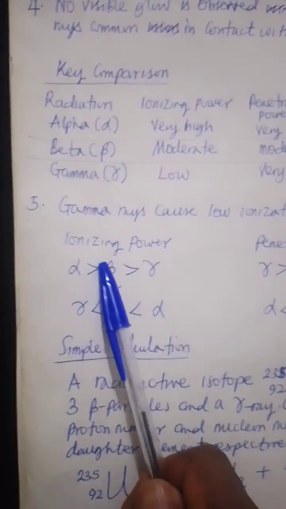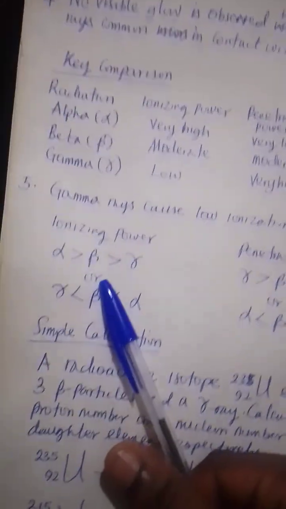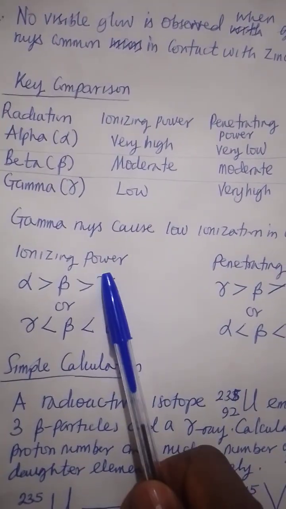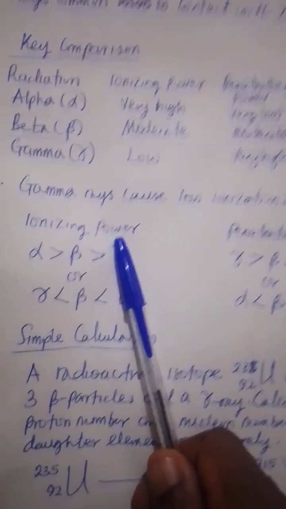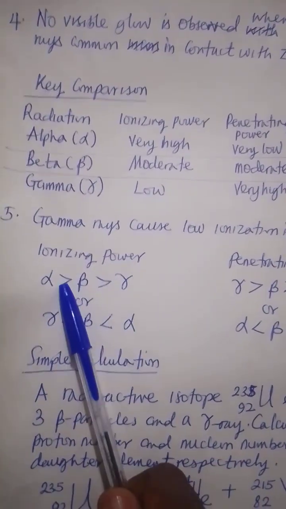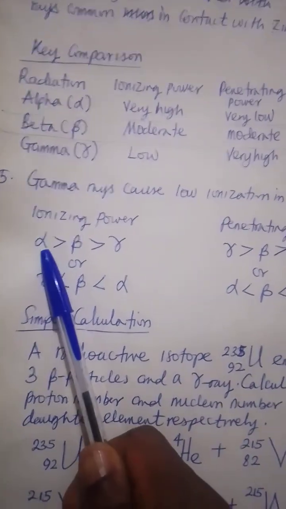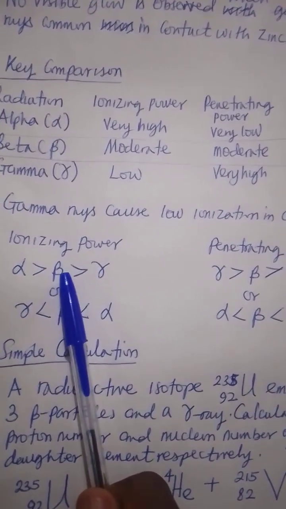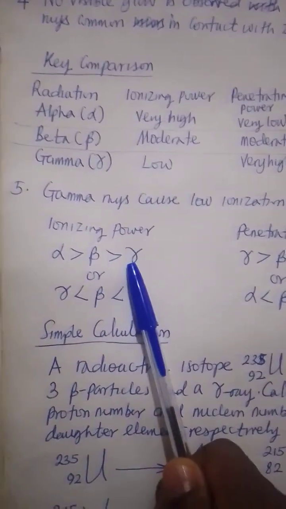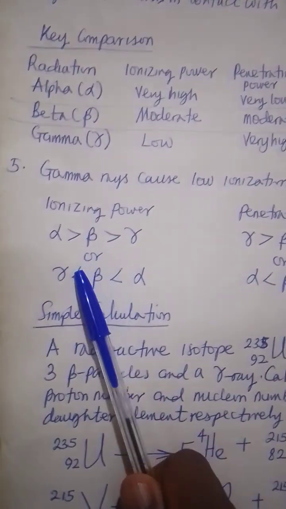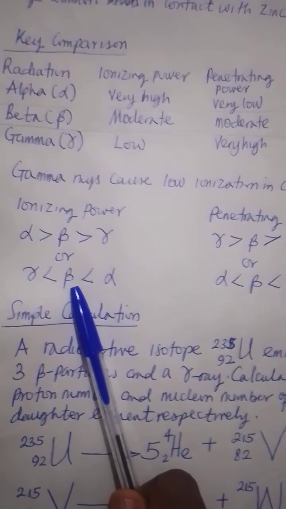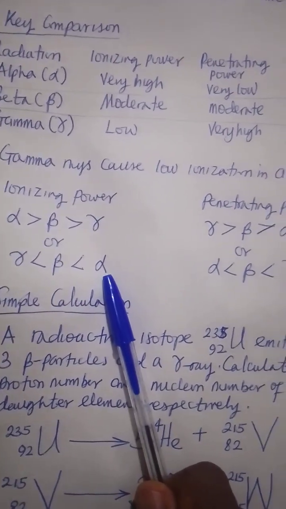Okay, so let's use the less than, greater than sign to describe the ionizing power of the 3 types of radiation. So for ionizing power, we start with alpha particle greater than beta particle greater than gamma rays, or gamma is less than beta and less than alpha.